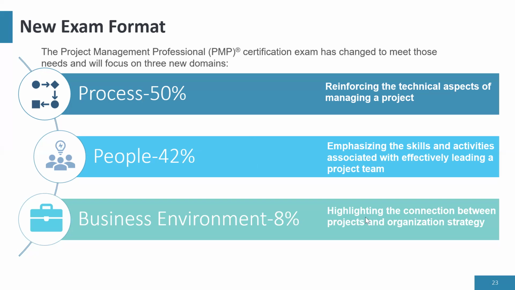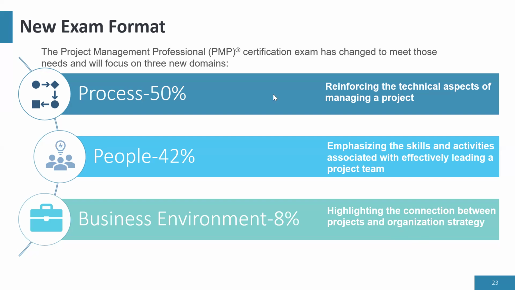This is how we look at how projects link with the organizational strategy or contribute to the organization's bottom line, improvement, capabilities, and core, right? So we also have business environment. So these are the three domains that you're going to be tested in, right?